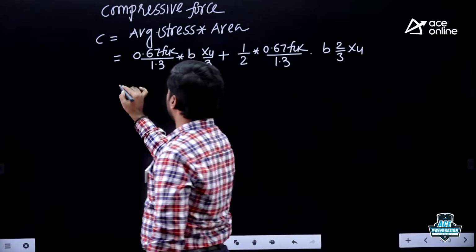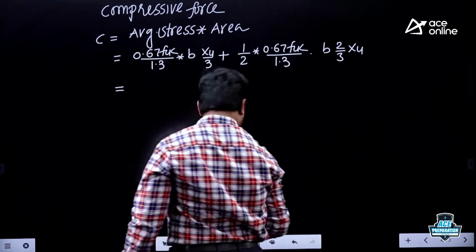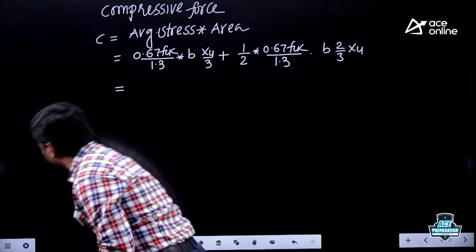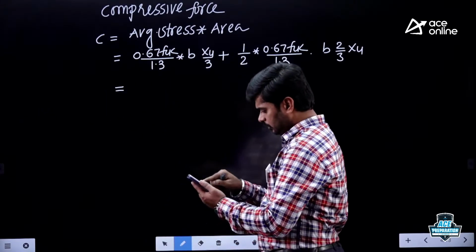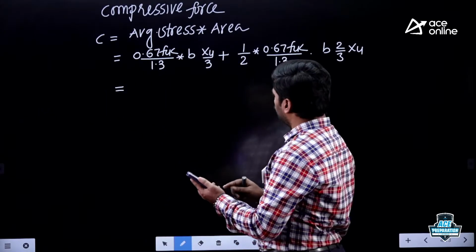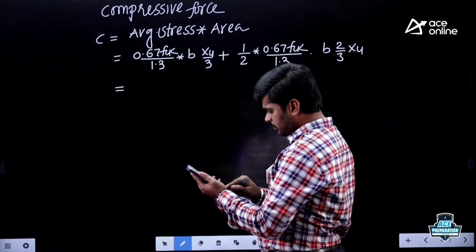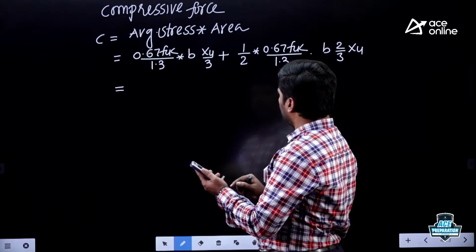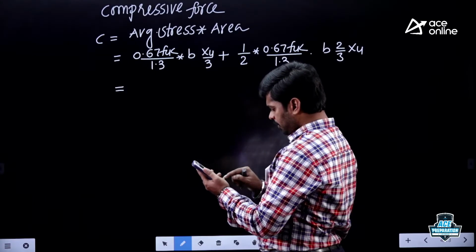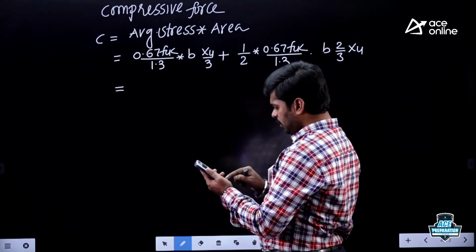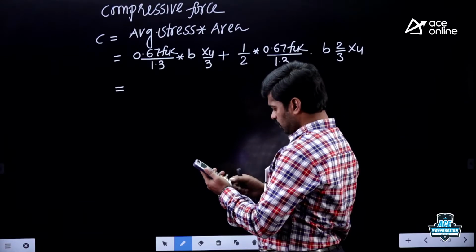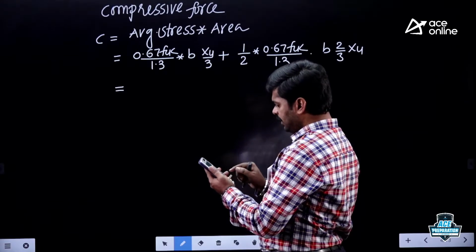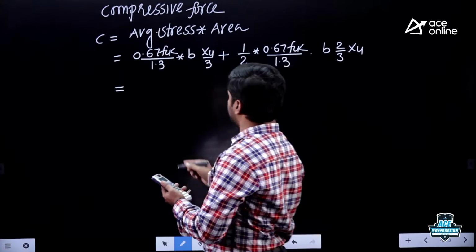You will get, my dear, the compressive force. That is, wait a minute, 0.67 upon 1.3 into 3. You will get this part is 1.546.